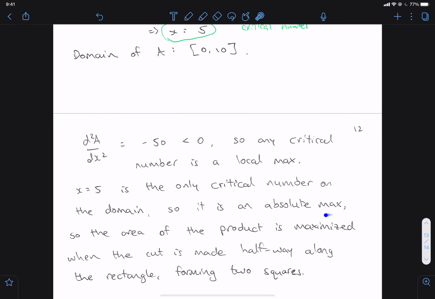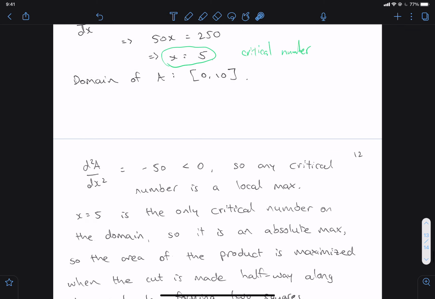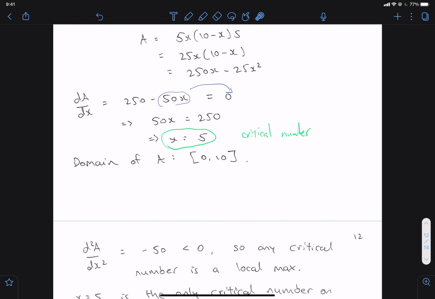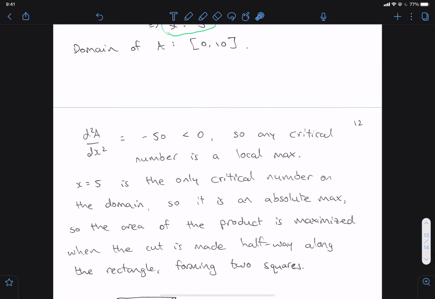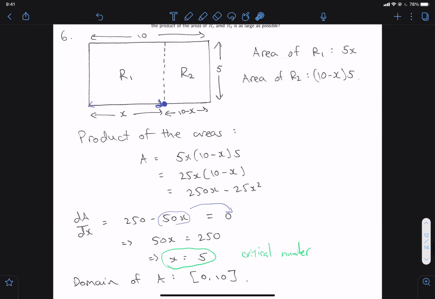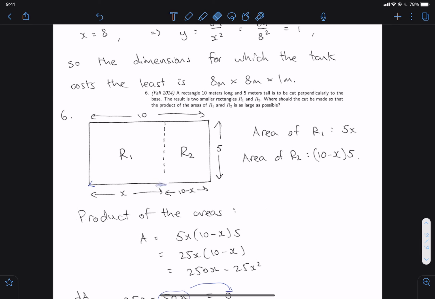And because it's an absolute max, now we can just plug x equal to 5 into the area function, the product of area. So you can see that to get the largest product, the cut has to be halfway along the rectangle. You have to cut it in half like that.